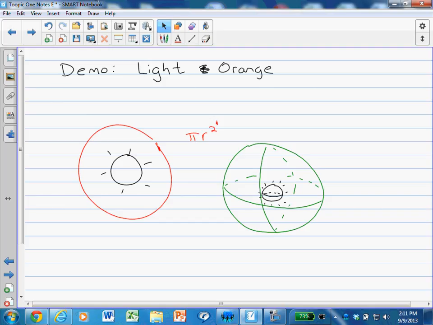Okay? Now, the next person is going to peel the orange in small pieces until they fill a circle. And then you pass it to the next person.